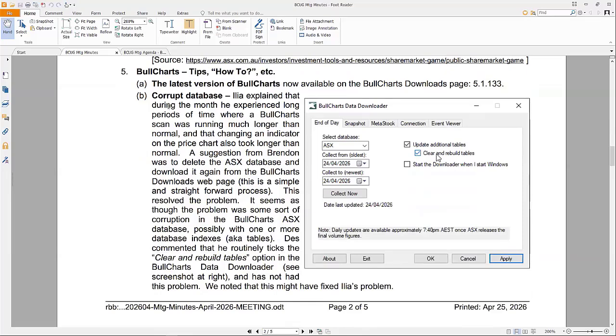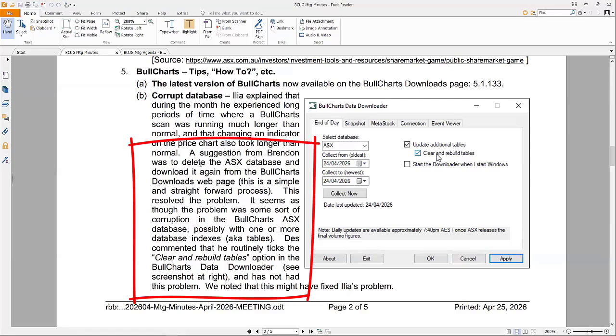There's a section in the minutes about a problem that Ilya had during the month, where his scans were one day running a lot longer than normal, and applying an indicator to a price chart was taking a lot longer than normal. He promptly, as he does, contacted Brendan on the support desk, BullCharts support in Sydney, and Brendan's solution was to delete the ASX database and download it again from the BullCharts downloads page.